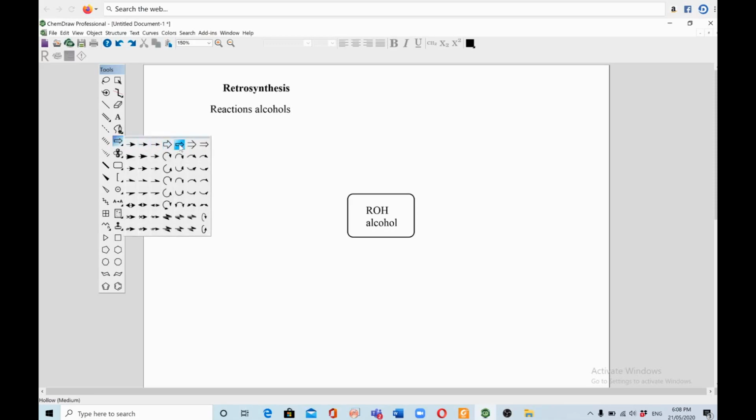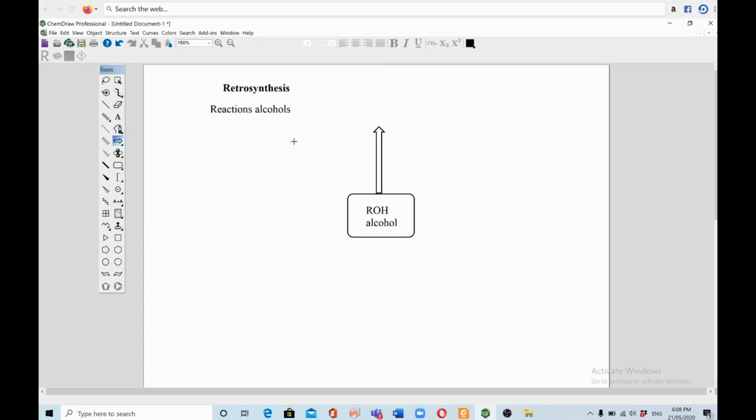So alcohol can undergo substitution reaction, like you can replace the OH of alcohol with any halogen to prepare alkyl halides. Alright, so then that will become RX, where X equals halogens, and the functional group will be alkyl halide.